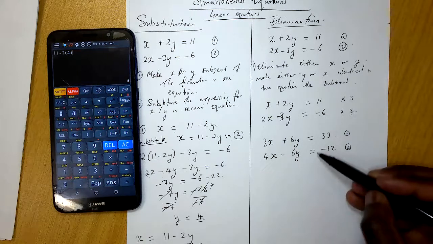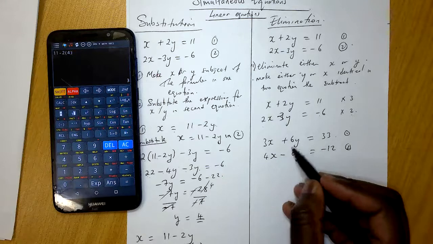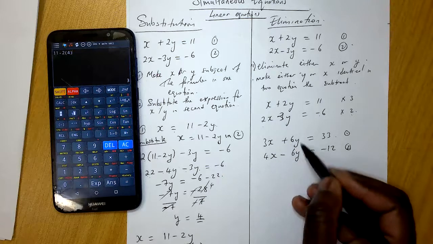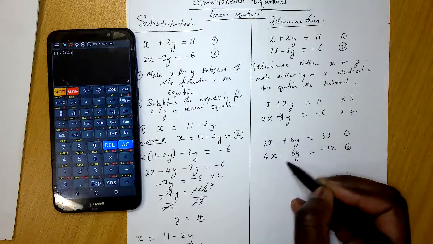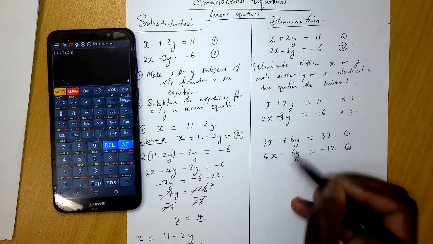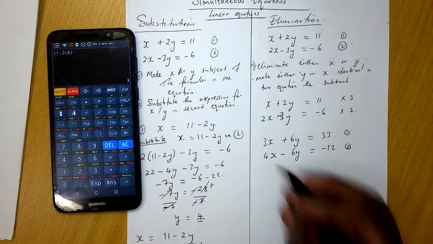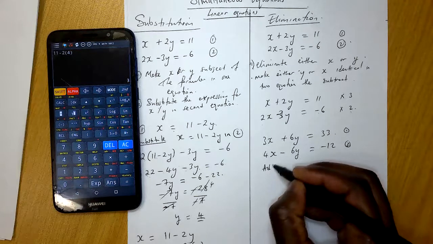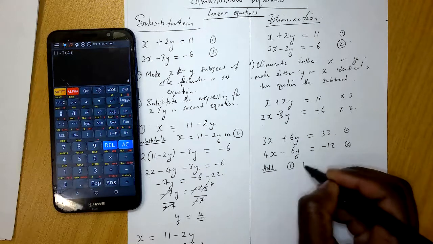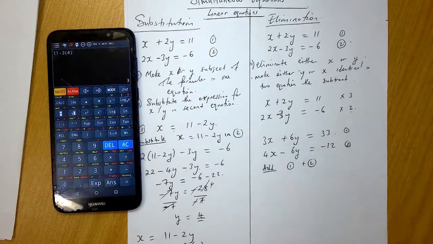Now, what do you do now? You add these two, because you can see that if we add, we will get a 0 here. That's how we eliminate y, we get rid of y. So add equation 1 plus equation 2.